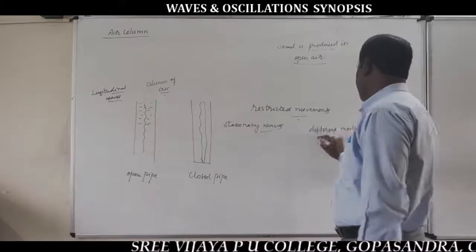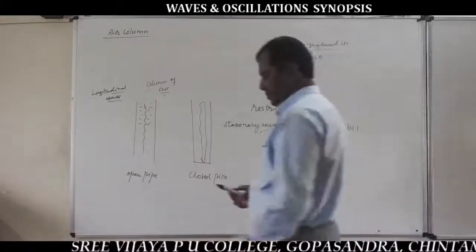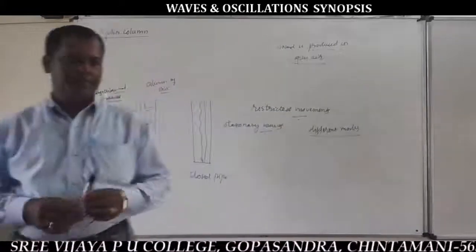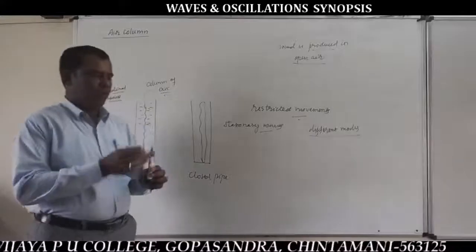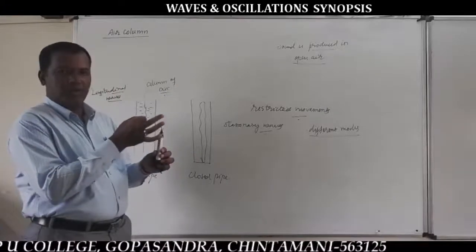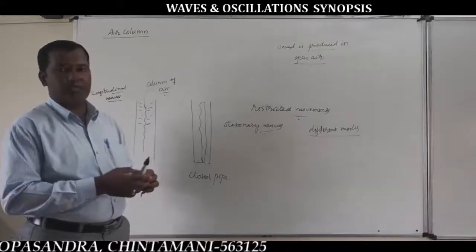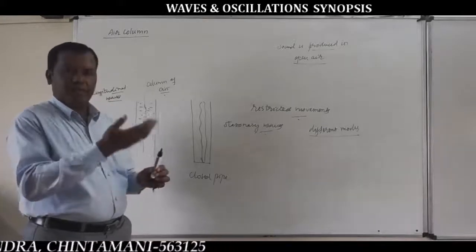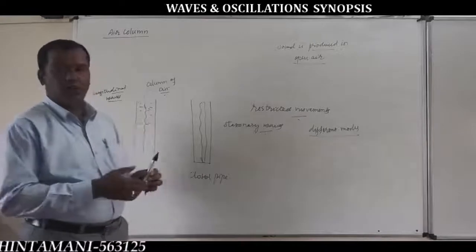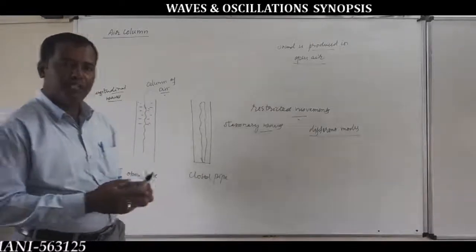First, let us blow the air with a smaller force or smaller pressure. Air column vibrates. That is one mode of vibration. If you blow the air with greater speed, once again the air column vibrates, but the mode of vibration will be different.